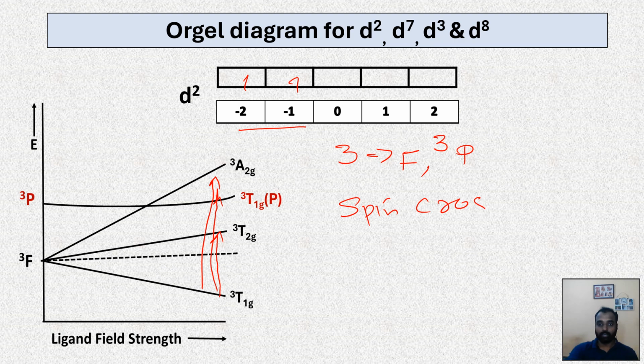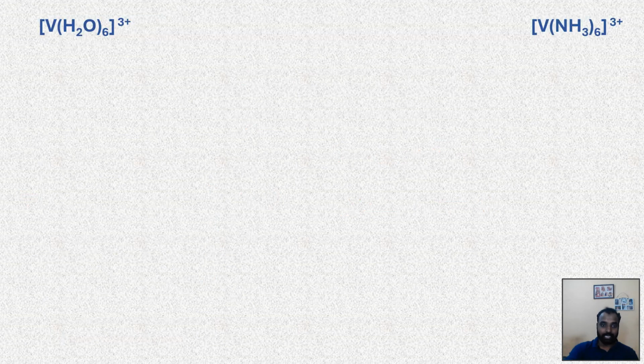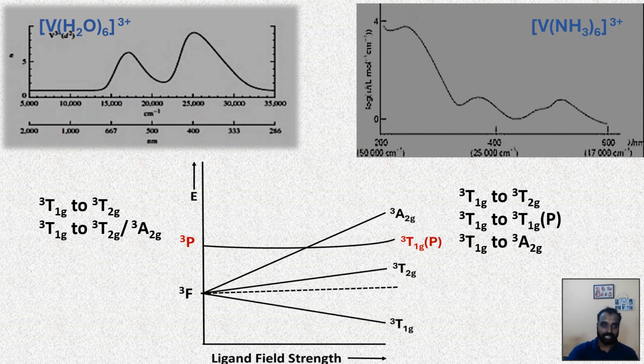Spin crossover is also there in the case of the D2 system. The typical example is the vanadium 3 plus complex. So the vanadium 3 plus ion in the free ion has the ground state term 3F, and a 3P term is also there.